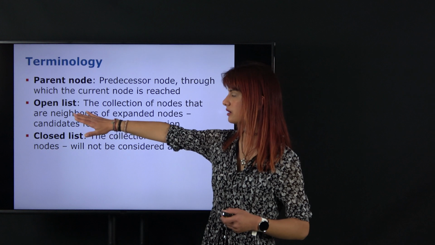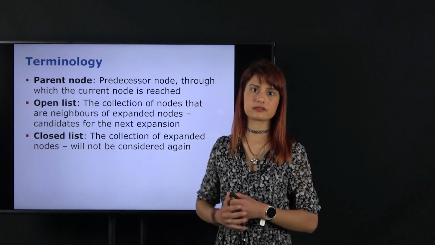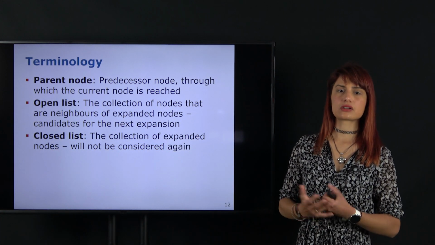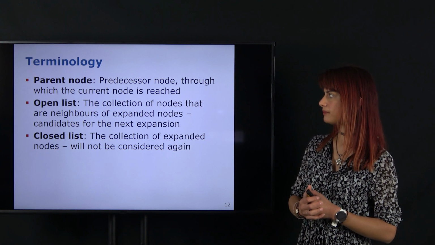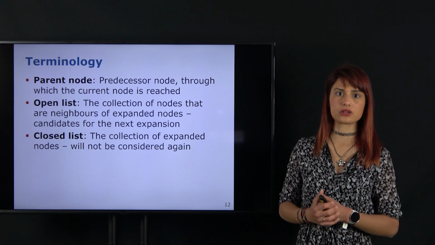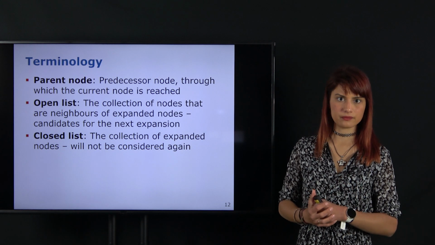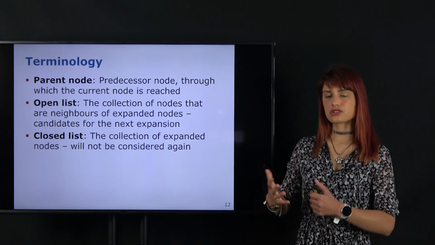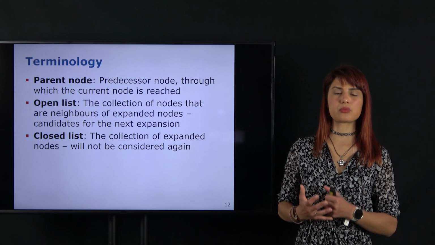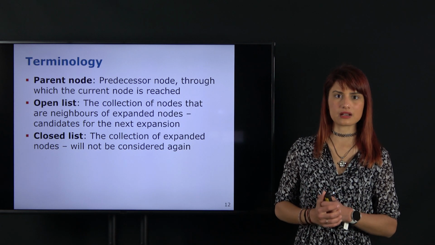And then we have the idea of an open list. An open list is a collection of nodes that are neighbors of expanded nodes, so the nodes that are generated. So these are effectively the children of the expanded nodes and the possible candidates for the next expansion.